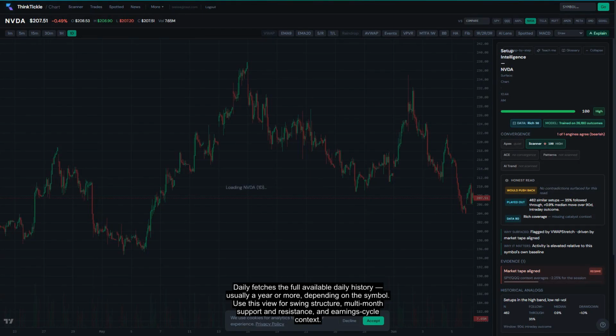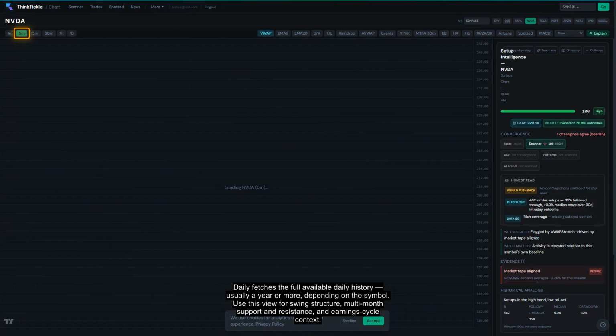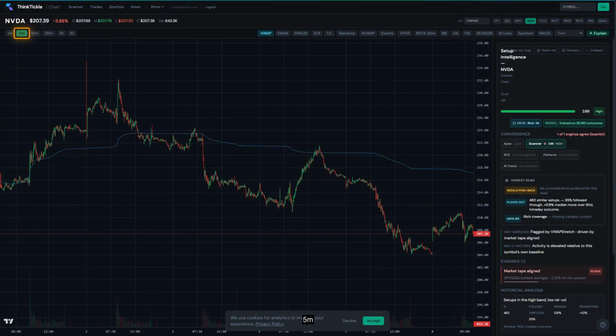Use this view for swing structure, multi-month support and resistance, and earnings cycle context. Back to 5-minute for the rest of the walkthrough. Your selection persists in local storage, so the chart opens to the timeframe you used last.